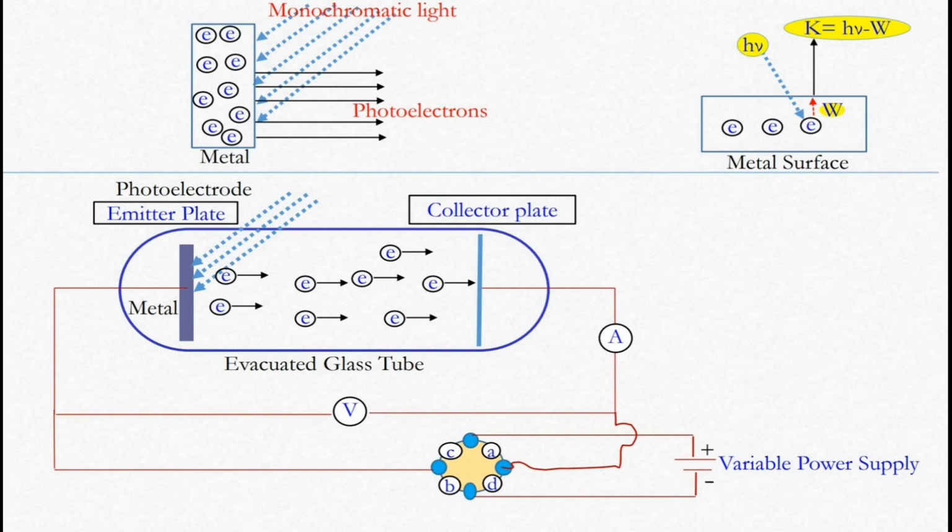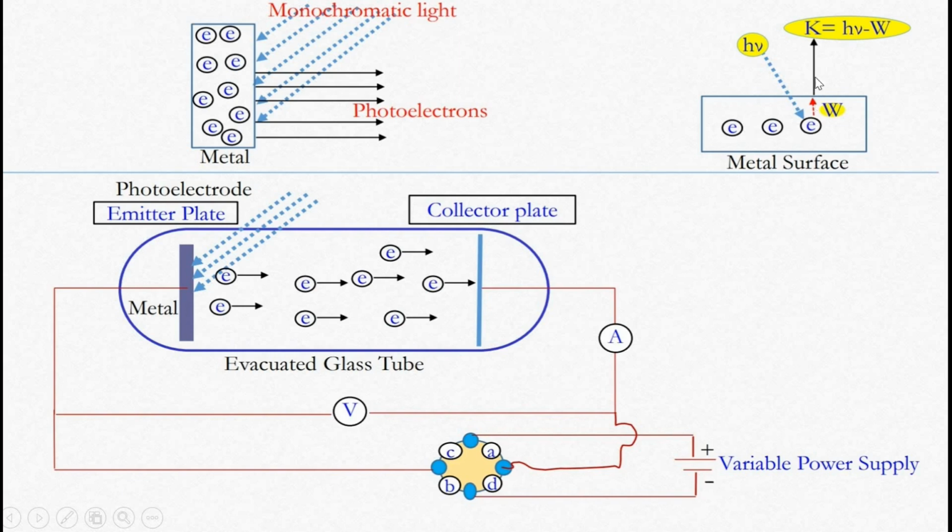Further, the experimental study was undertaken by Hallwachs in 1888. Then in 1899, Lenard showed that the carriers of electricity emitted from a metal surface under the action of ultraviolet light were electrons.